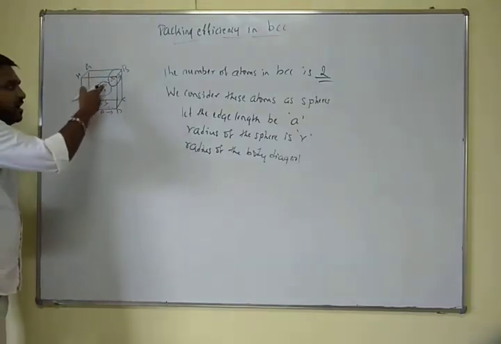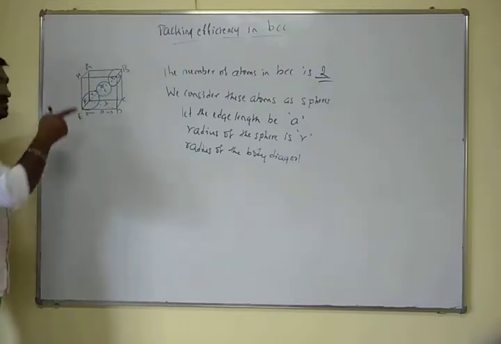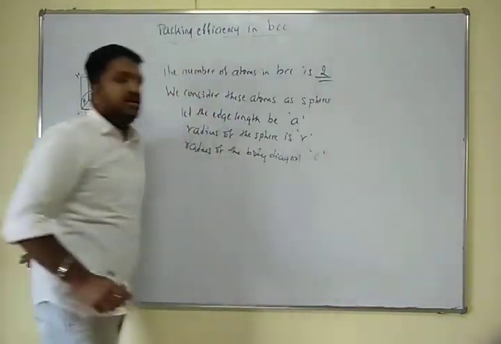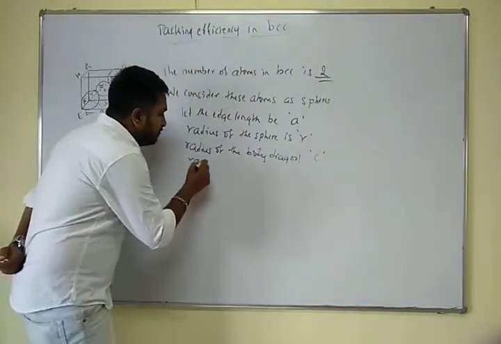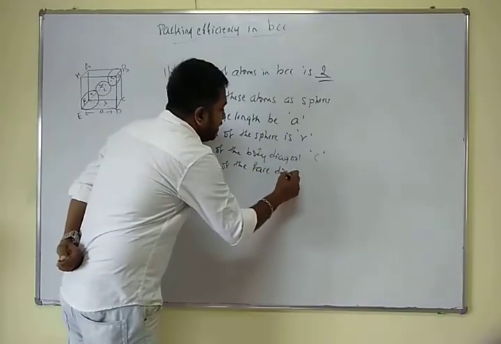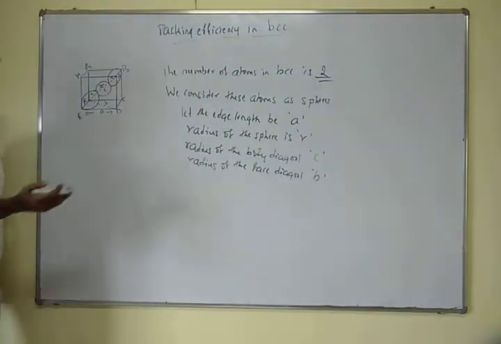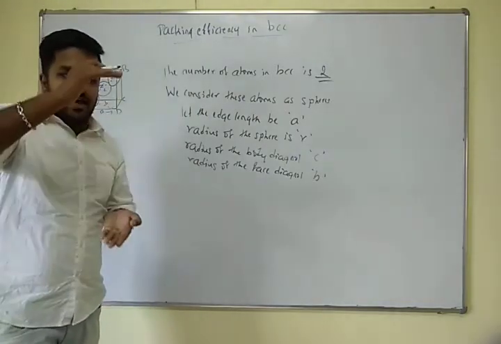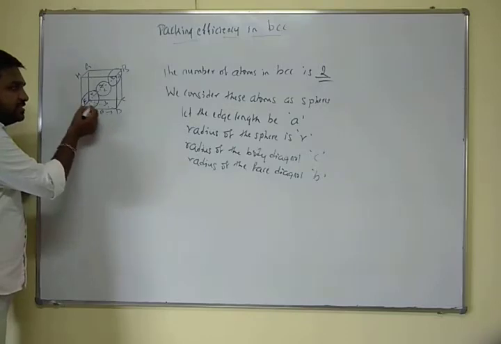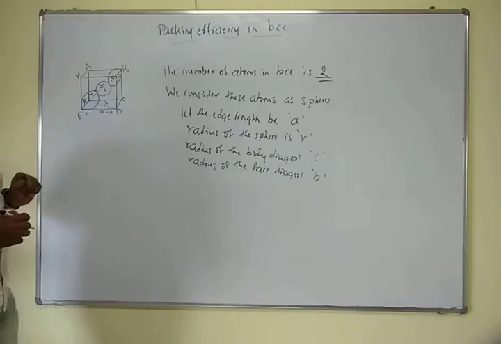Here the body diagonal, which we have marked with dotted blue lines, we are representing it as C. Clear? The face diagonal is B. Face diagonal means this is the face, the sideways, upside and down ones are the faces. So these dotted lines along this FD edge, we call the face diagonal. We represent it as B.